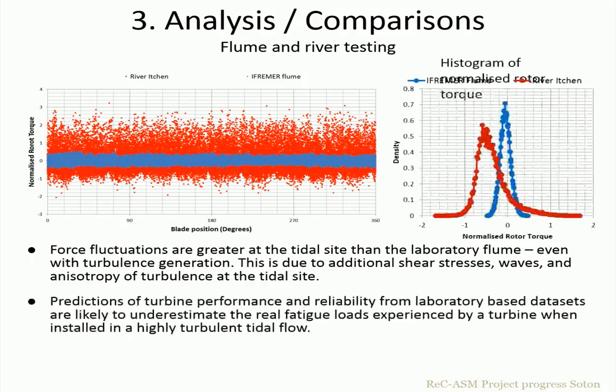I've shown that here as a histogram, and we can see the blue is from the flume, so we've got a very close spike in forces, and it's very uniform, whereas when we put the turbine into the river, we get a very skewed profile, and we get these much larger forces than what we had in the laboratory.